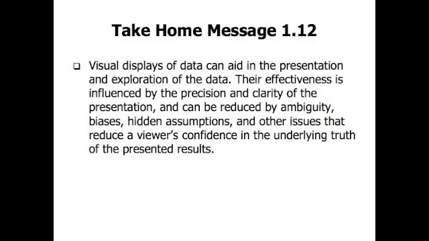So our take-home message is that visual displays of data can aid in the presentation and exploration of the data. Their effectiveness is influenced by the precision and clarity of the presentation and can be reduced by ambiguity, biases, hidden assumptions, and other issues that reduce the viewer's confidence in the underlying truth of the presented results.